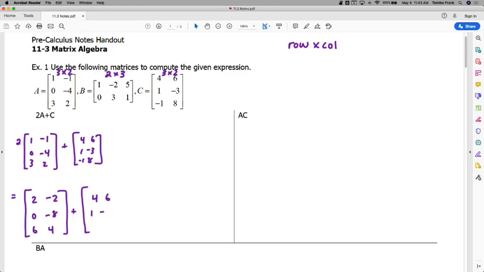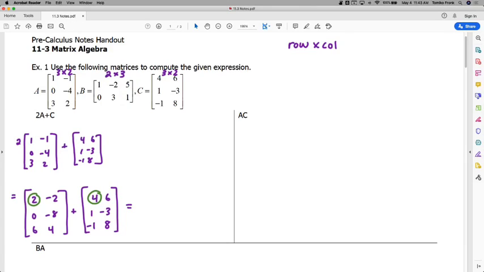Now, the first rule of matrix addition and subtraction: if we're adding or subtracting 2 matrices, they have to be the same size. So A and C are both 3 by 2s, so we are allowed to add these 2 things together. The way that we're going to do that is we are going to take the elements in the same positions and add those together or perform whatever operation. In this case, it's addition. And that will be in the same place in our final answer.